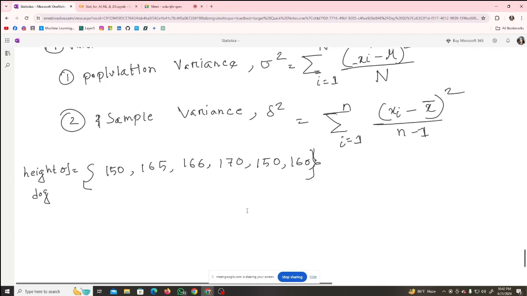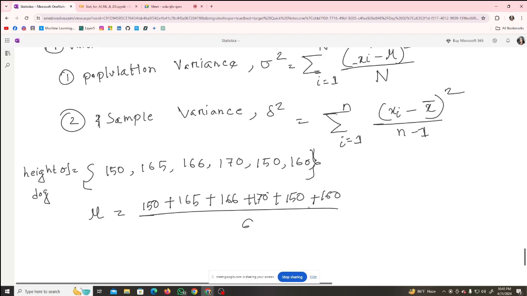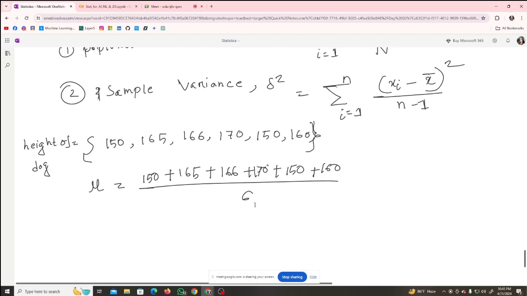So to find the variance, we first have to calculate the mean of this data set. 150, 160, and divided by 6. Can anyone calculate it for me? Just give me a minute, I'll bring my calculator.